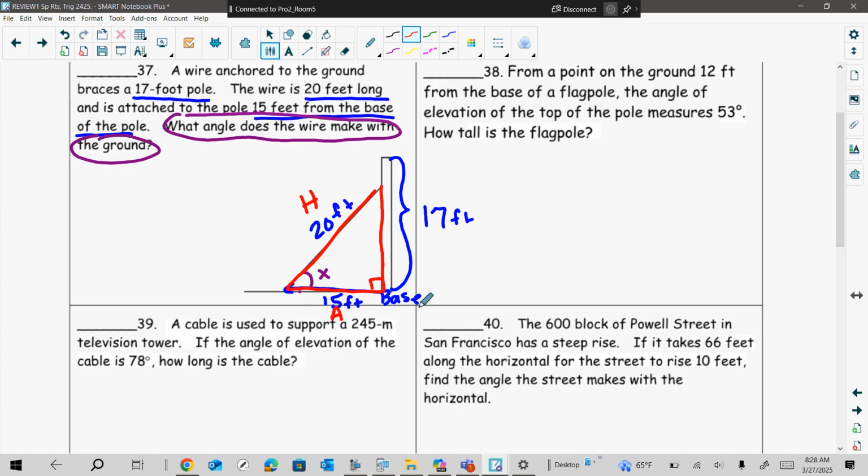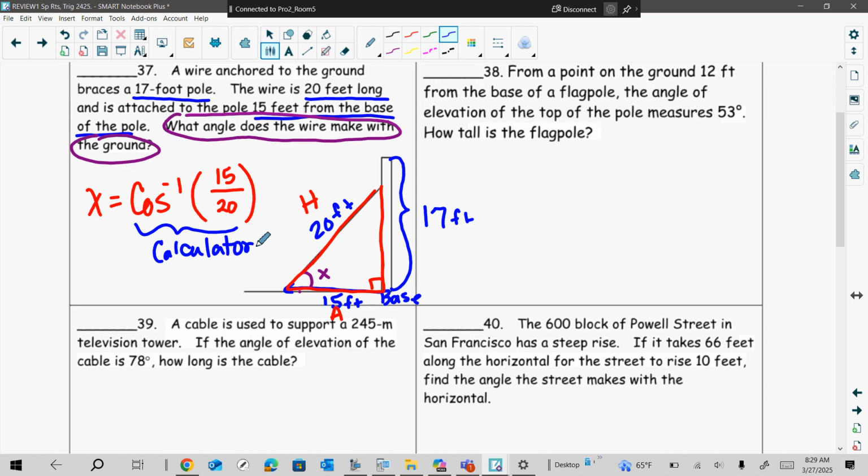I cannot use the 17 because that's going past, it's bigger than the right triangle. So label your sides, then give the trig equation. The trig function that deals with A and H is cosine. And because we're trying to find the angle, the X is inside, you do the inverse. Okay, so X is equal to the cosine inverse, that's that -1, of adjacent side, which is 15, over the hypotenuse, which is 20. And this part is your calculator part.